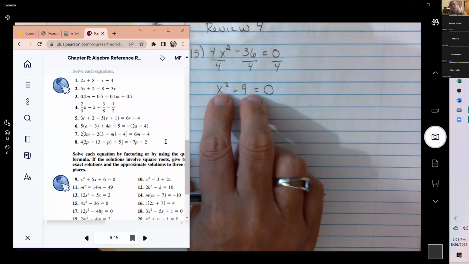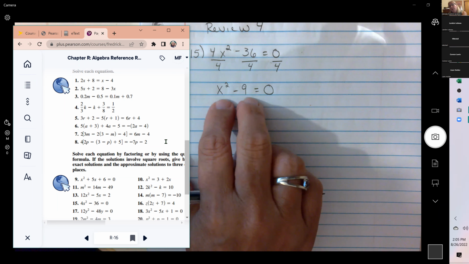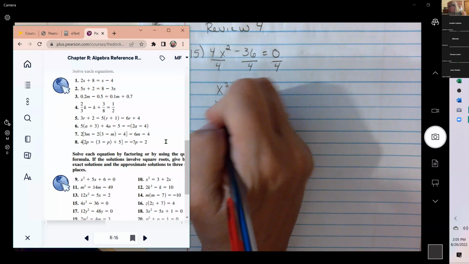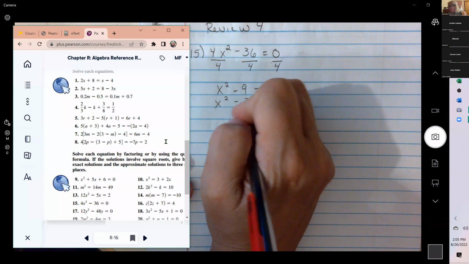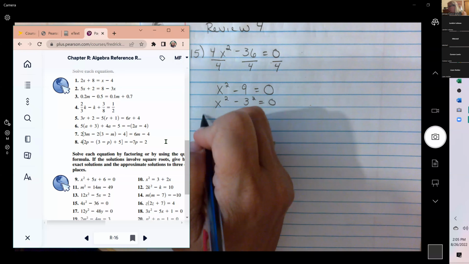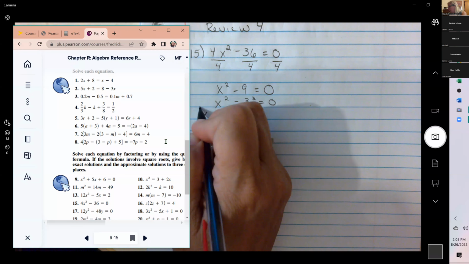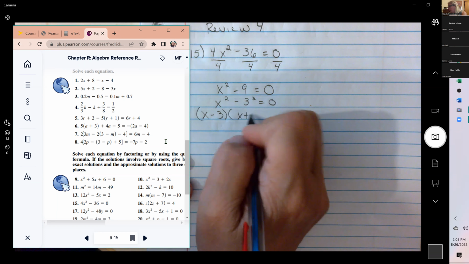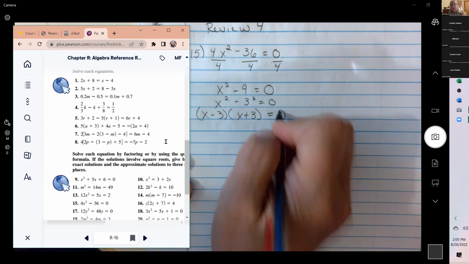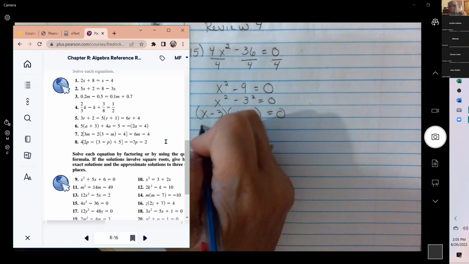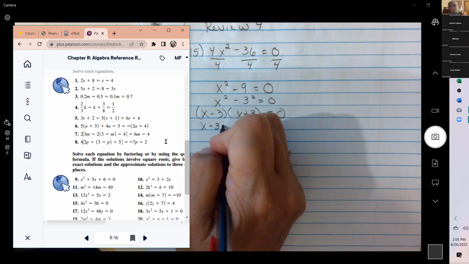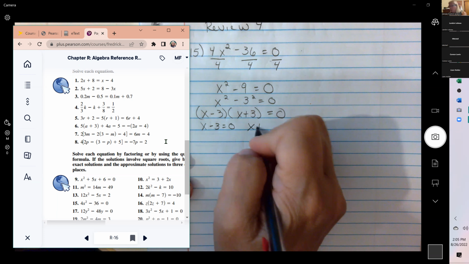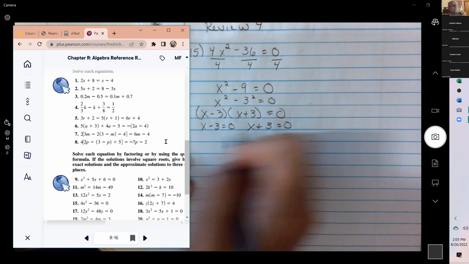Then we can factor. This is the difference of squares because 9 is 3 squared. So it would be x minus 3 and x plus 3. And you could set each of them equal to 0 and solve.